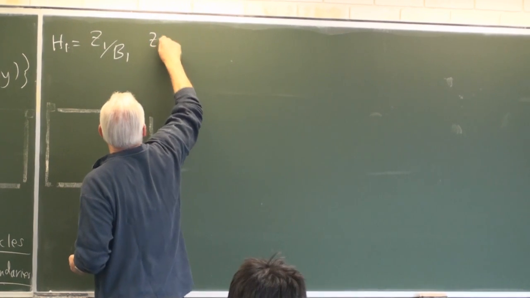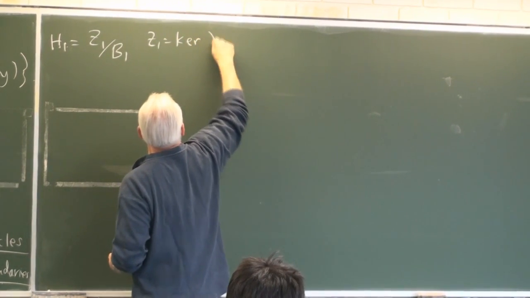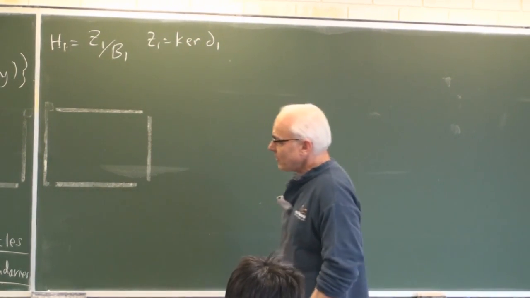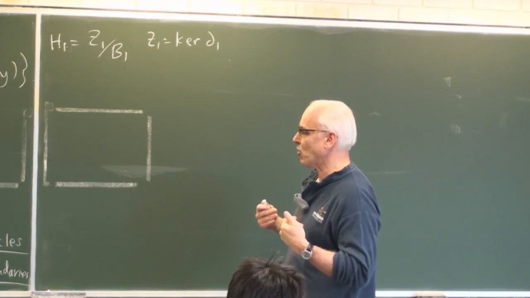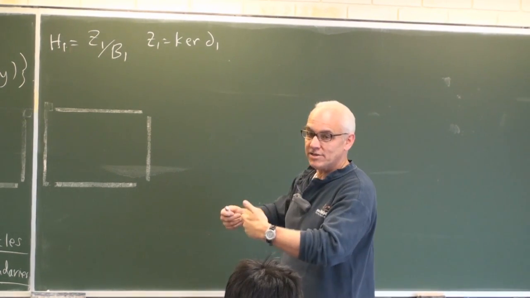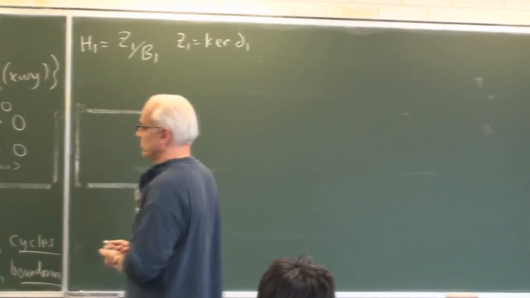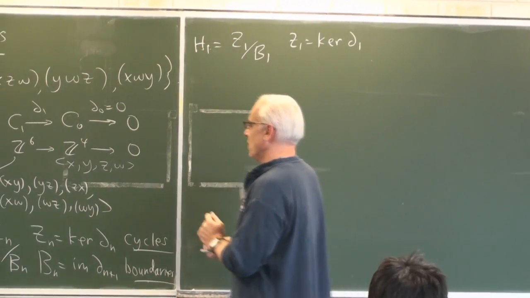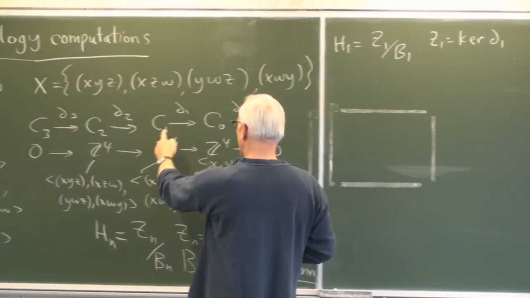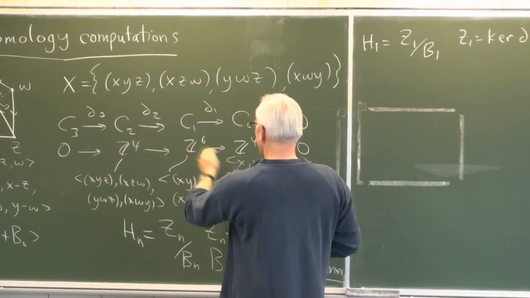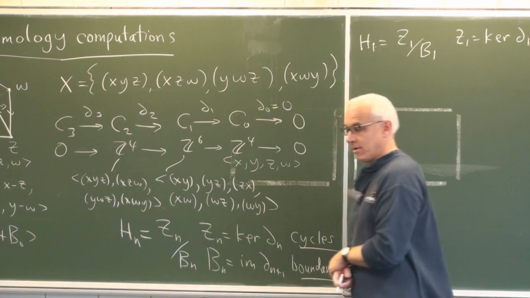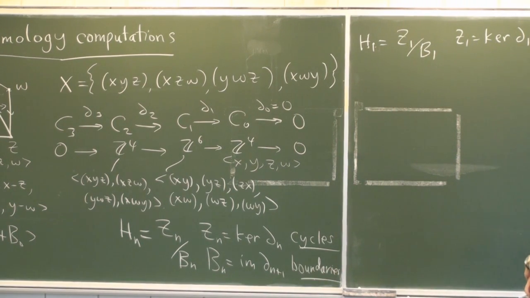Z1 is the kernel of del 1, those 1 chains whose boundary is 0. In other words, we're looking for combinations of the edges where the boundary of that combination is 0.